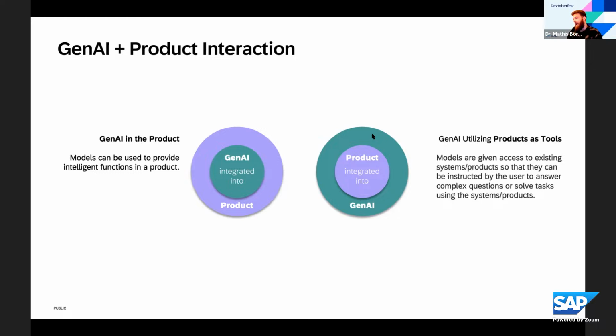With AI agents, it's the other way around. You integrate your product, your system, into the GenAI, and let GenAI use the product or system as a tool to fulfill requests of the users. It could be multiple products, so you can fulfill requests across different products or systems. It's really a shift: not integrating GenAI into the product, but integrating the product with your GenAI model.